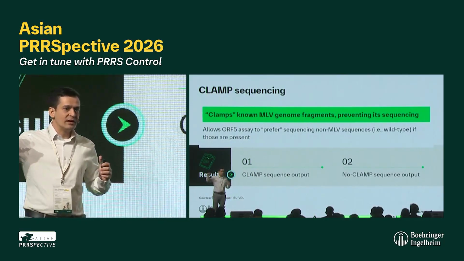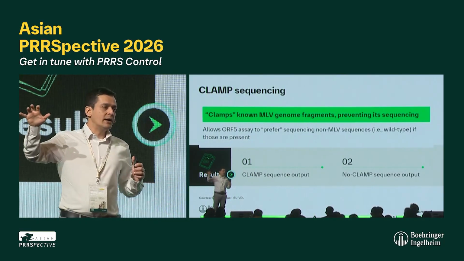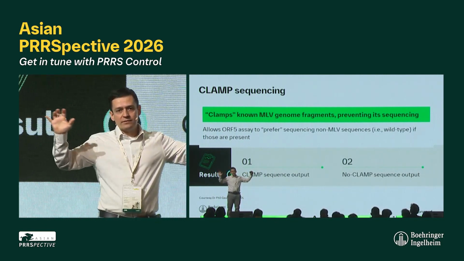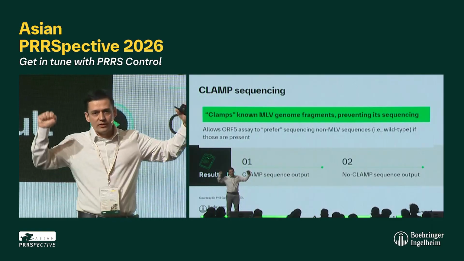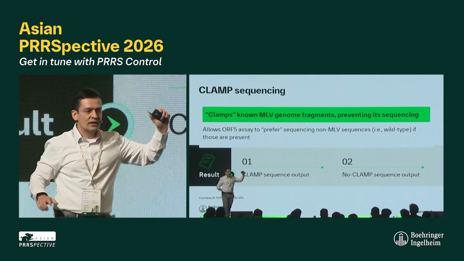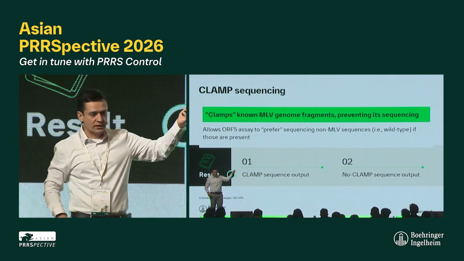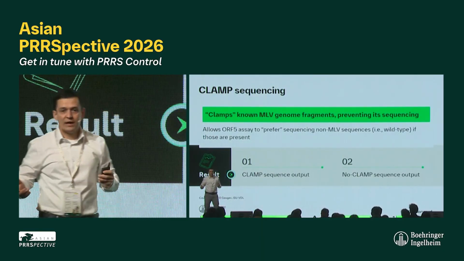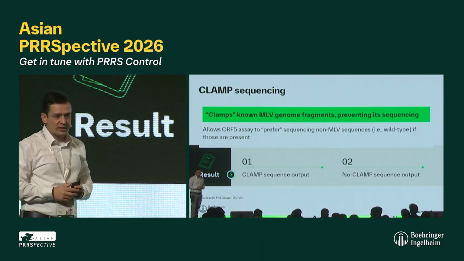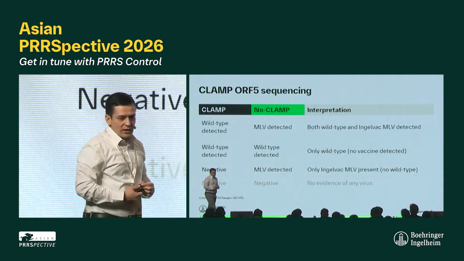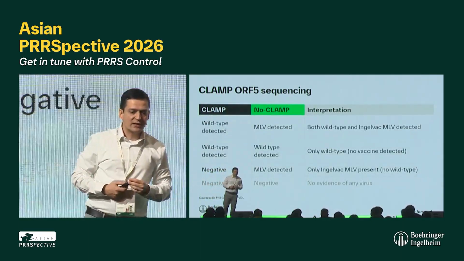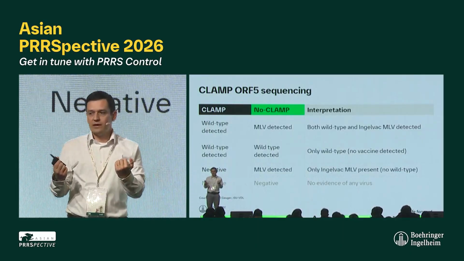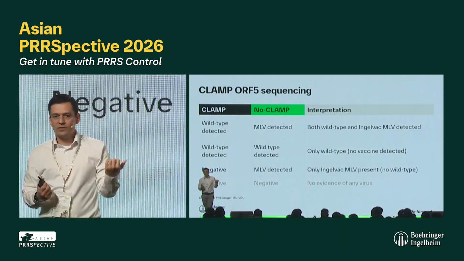The Injovac MLV is a known virus sequence. And so it's going to clamp, like the name suggests, it's going to bind to that Injovac MLV sequence. And then if you have wild type and the MLV sequence at the same time, that clamp is going to prevent the known MLV virus from being sequenced. So the output of the clamp sequencing is going to be the wild type, if that wild type is present. The lab is going to perform both sequencings simultaneously, with and without the clamp.